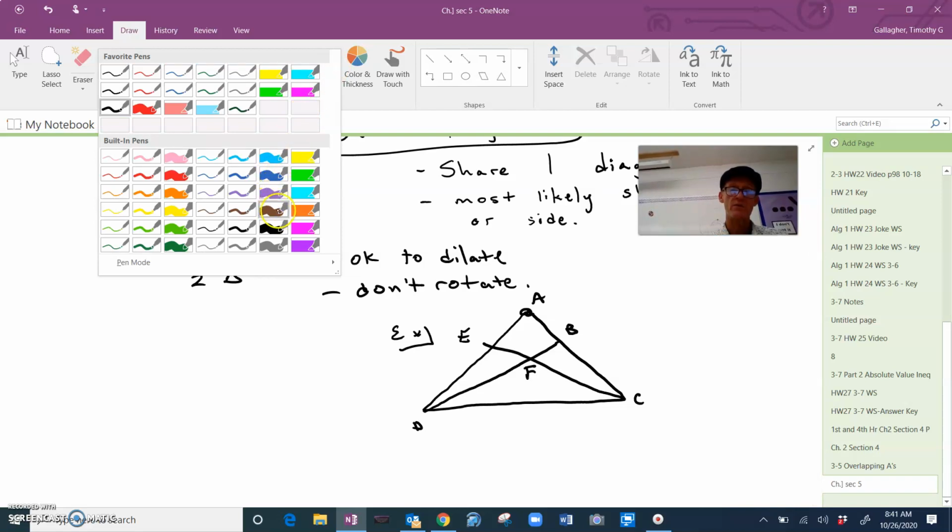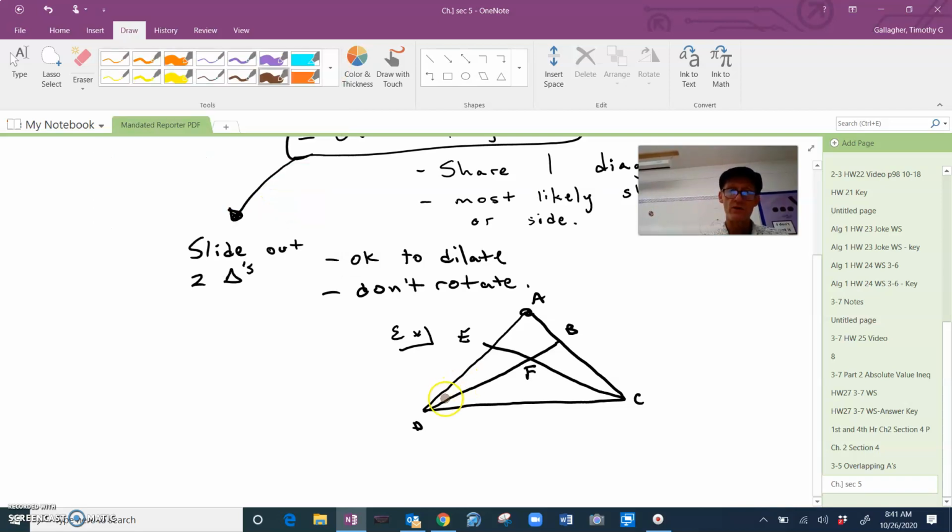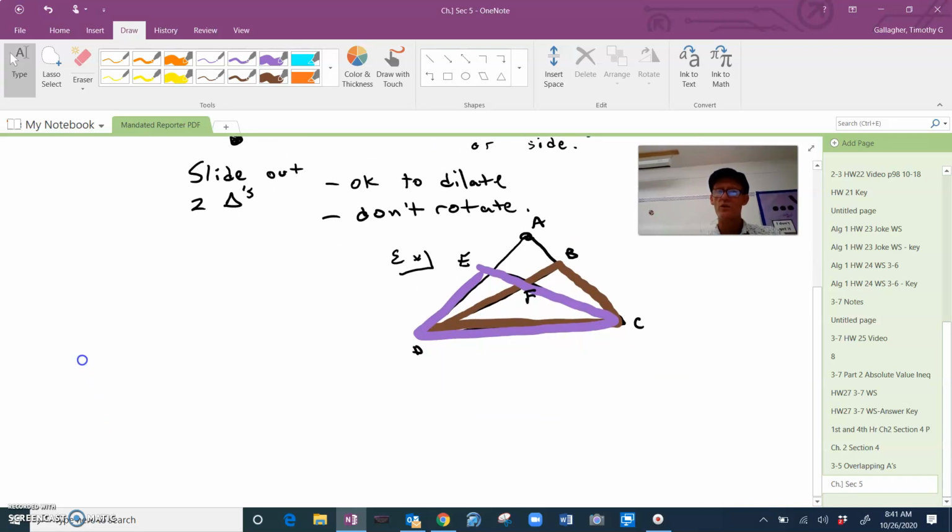I'll do them with brown and purple. So here's one, and the other triangle is here. So you can see they share a common side.